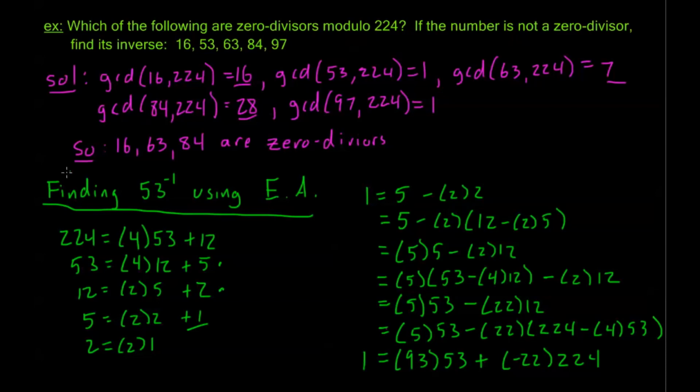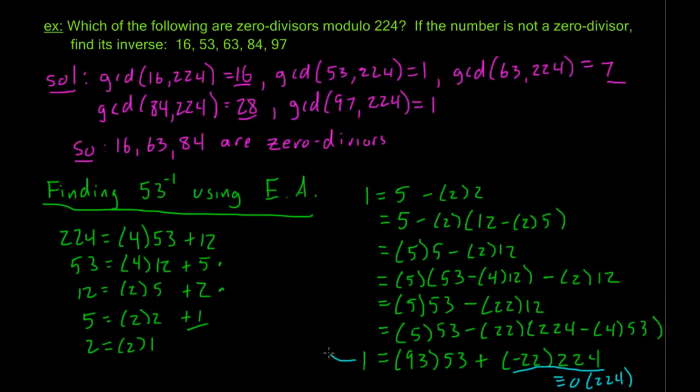But as a result from this linear combination, if 1 equals 93 times 53 plus negative 22 times 224, well, this part right here in particular is congruent to 0 mod 224. And this is a shorthand for mod 224, if there's no risk of confusing it for multiplication, that's what this means. But this side is congruent to 0, right?